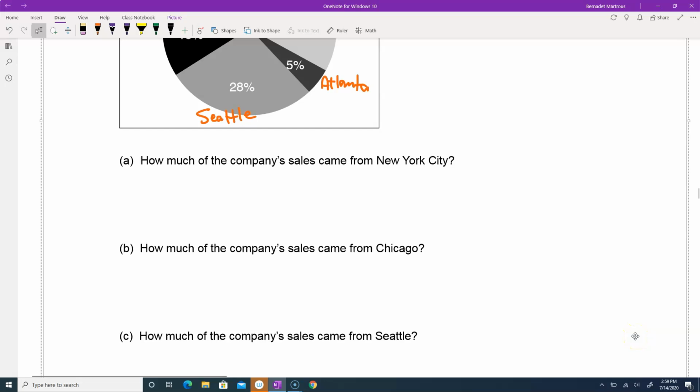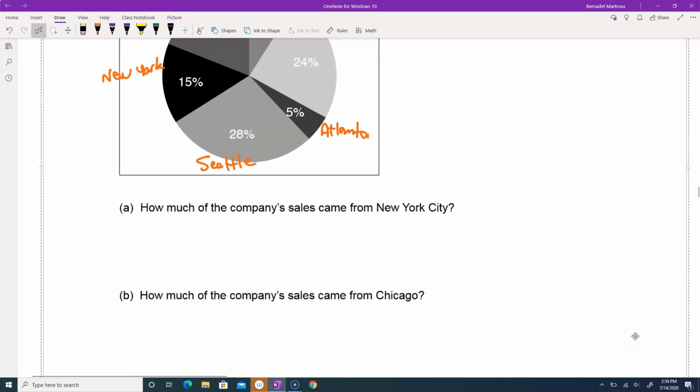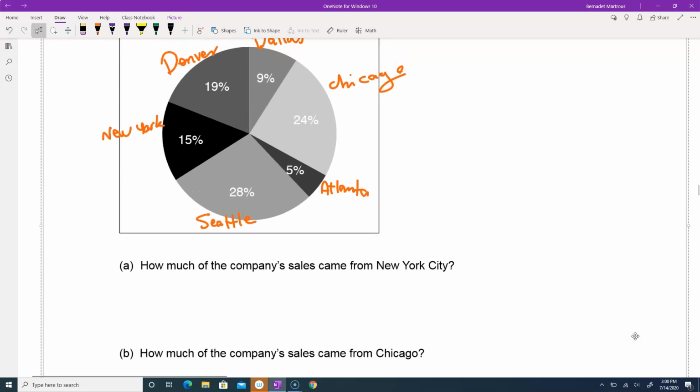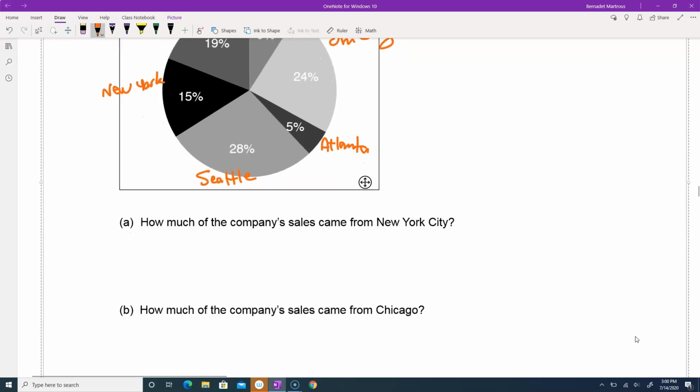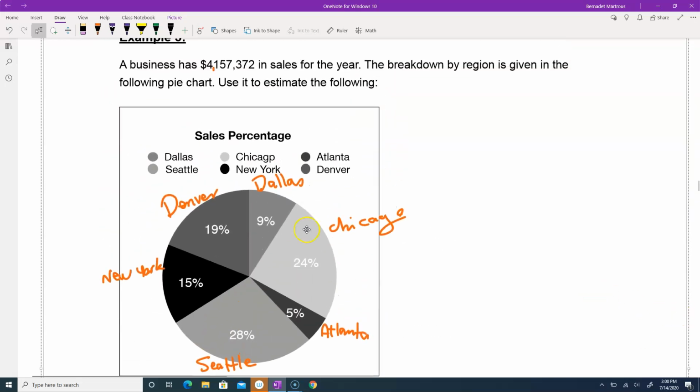Now, how much of the company's sales came from New York City? For New York, we have 15%, meaning that we should multiply this percentage by the number that we have in sales.